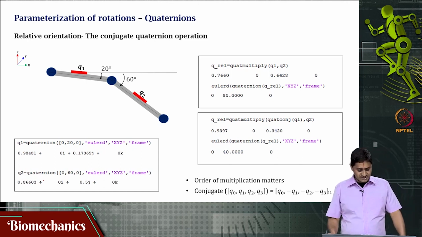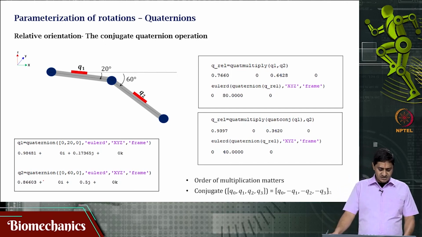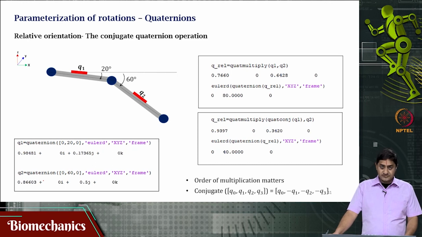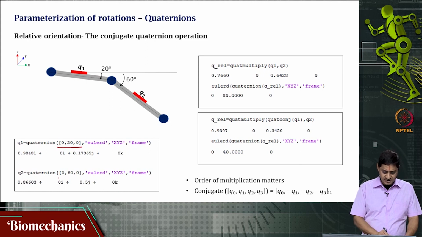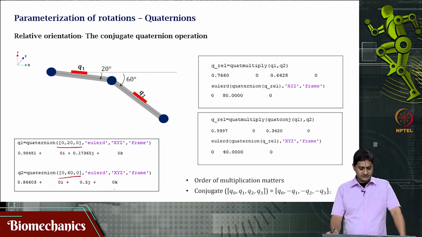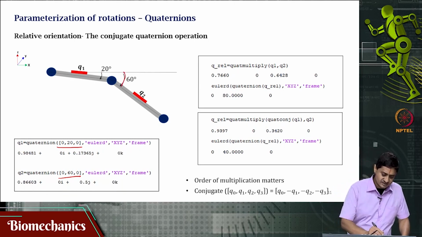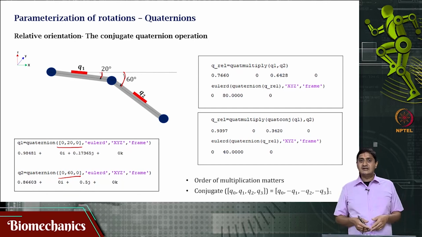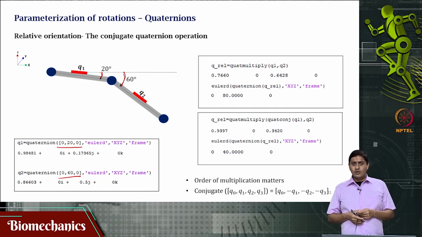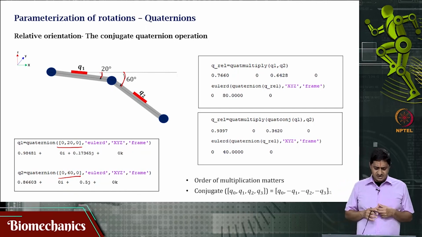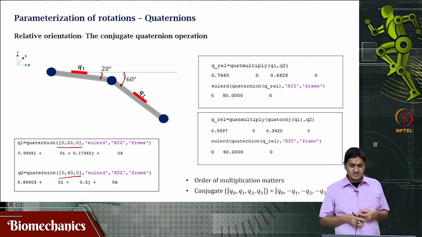Suppose I have two quaternions, one corresponding to this Euler angle of 60 degrees and another corresponding to 20 degrees, and I would like to know the relative angle between these two. This is the kind of problem that we will encounter in real life. Of course, the numbers given are simple, 20 and 60.